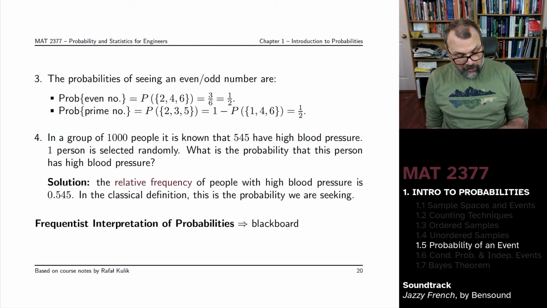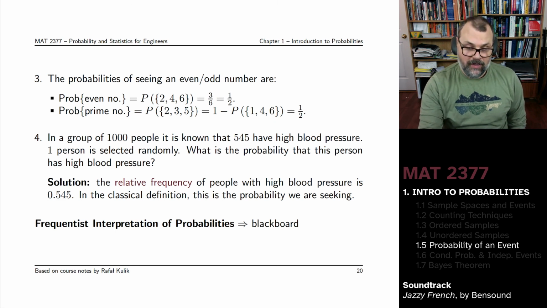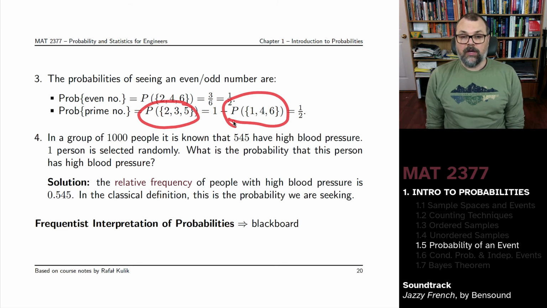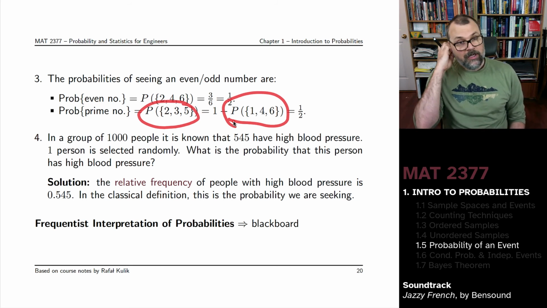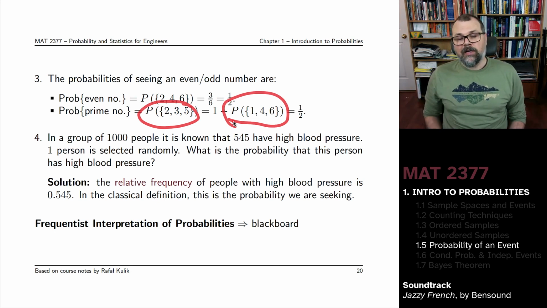What's perhaps more interesting is that the probability of observing an actual prime number would be 1 minus the probability of observing a composite number. And that sort of makes sense, right? Because if it's not prime, it's got to be composite. In this example, because there are 3 outcomes that correspond to both events, being prime and being composite, they both have the same value, which is 50%, 3 over 6, 1 over 2.